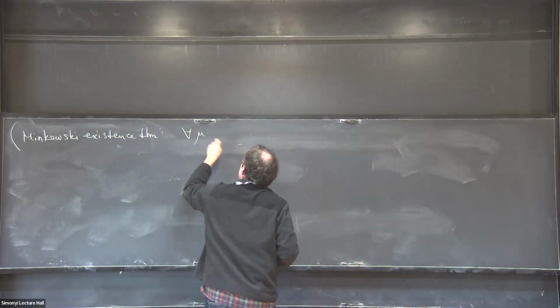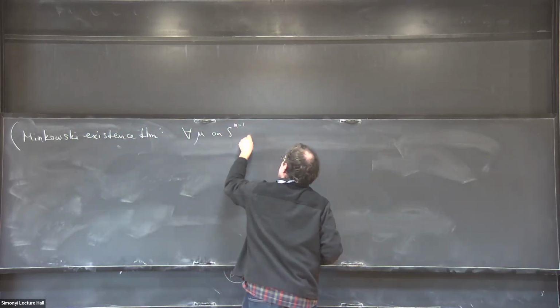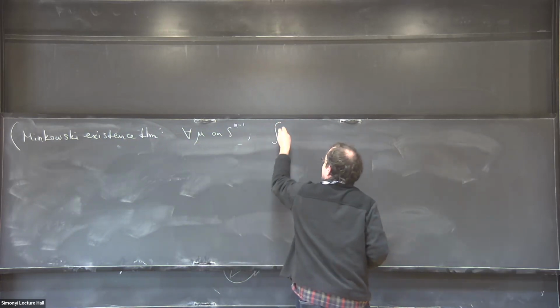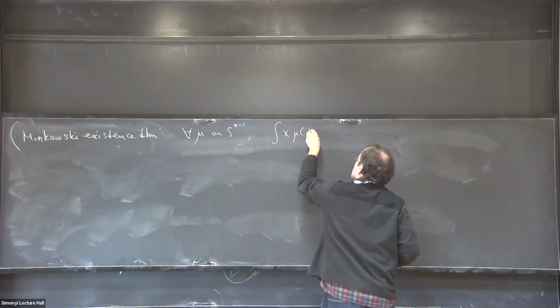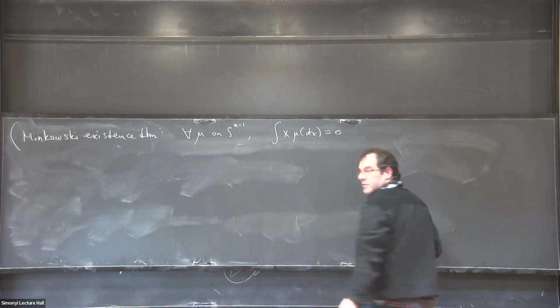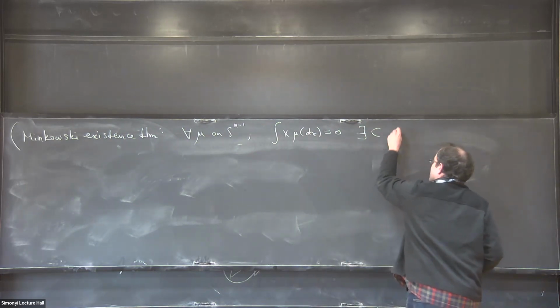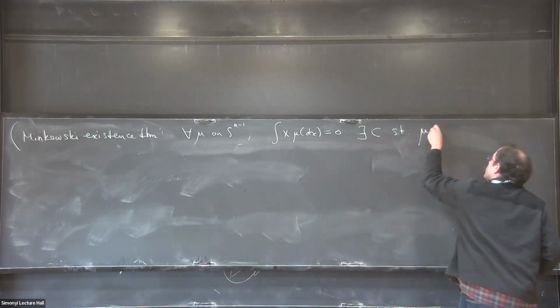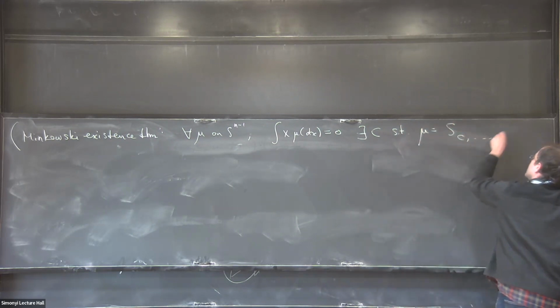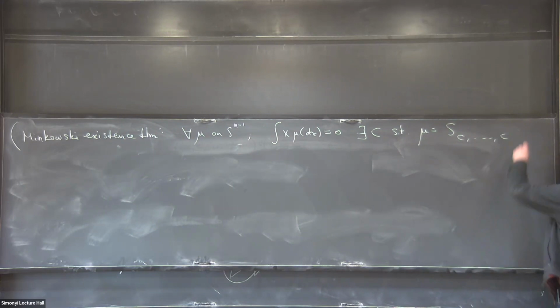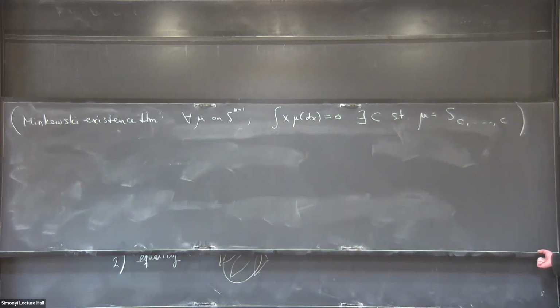For all measures mu on the sphere such that the integral of any linear function is zero, it just means the barycenter is at the origin, there exists a convex body C such that mu is the area measure of C repeated n-1 times. It's called the Minkowski existence problem.